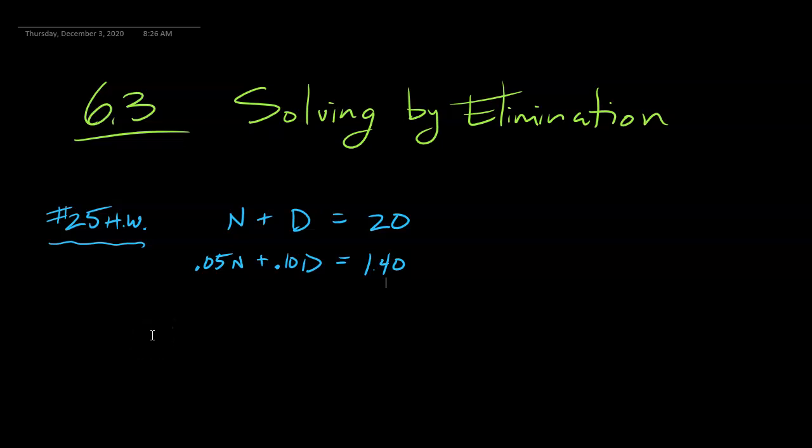So the first sentence, when it tells you that there's 20 coins, the reason it's saying that sentence is because the number of nickels and the number of dimes would be 20. So that's one equation. The second equation is easier to understand, but probably harder to come up with. It tells you that the nickels and dimes together is $1.40.